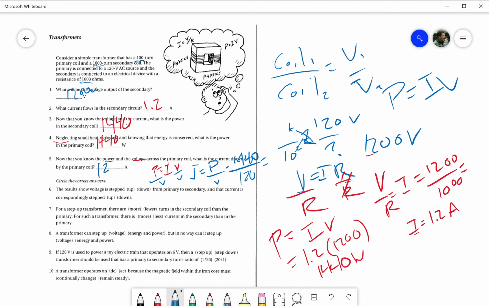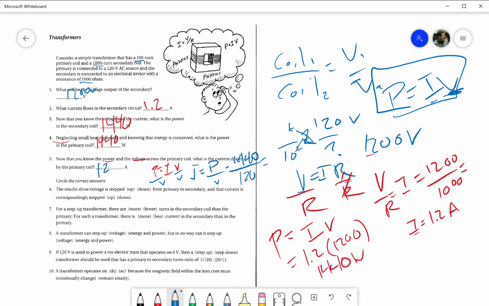What you need to understand, and this is a key for current and transformers, is that transformers will step voltages up, and when they step voltages up, the current has to go down. The power has to stay the same always. So you could either have a very high voltage and a very small current, which is helpful, or vice versa: a very high current and a very small voltage.